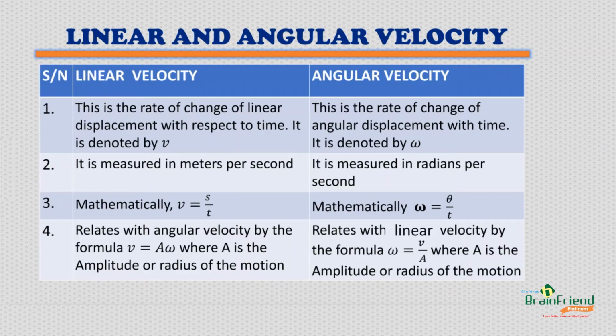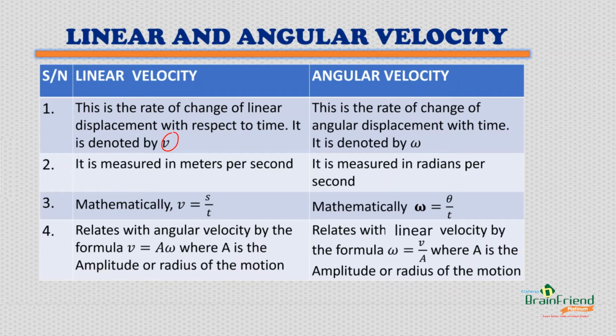Now let's take a quick comparison of linear velocity and angular velocity. First, linear velocity is given as the rate at which linear displacement changes with time. It is denoted by the symbol v. While angular velocity is the rate at which angular displacement changes with time, and it is denoted by the symbol omega. Next, linear velocity is measured in meters per second, while angular velocity is measured in radians per second.